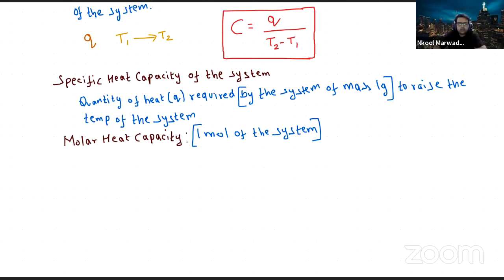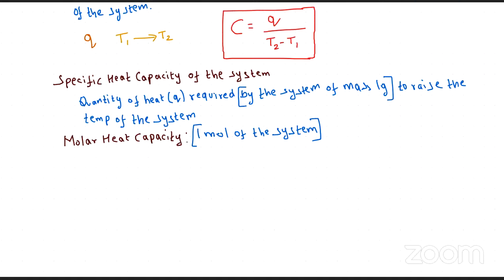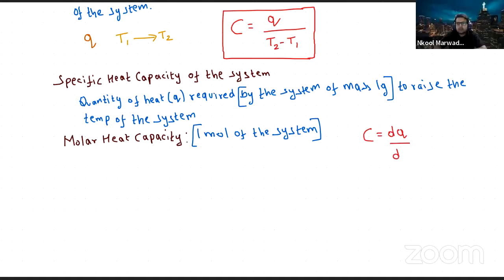And we can also write C is equal to dq by dt. Q need not be constant. It can vary also, because what is q?